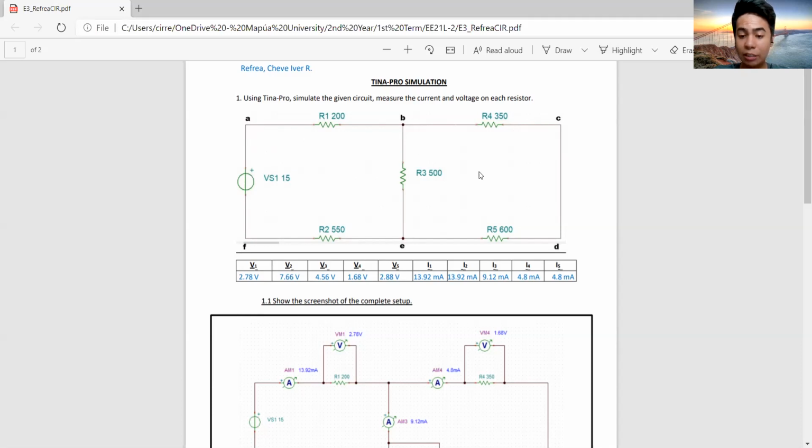Note here that the algebraic sum means to take into account the polarities and signs of the sources and voltage drops around the loop. This idea by Kirchhoff is commonly known as the conservation of energy. As you move around a closed loop, you will end up back where you started in the circuit, and therefore back at the same initial potential with no loss of voltage around the loop.